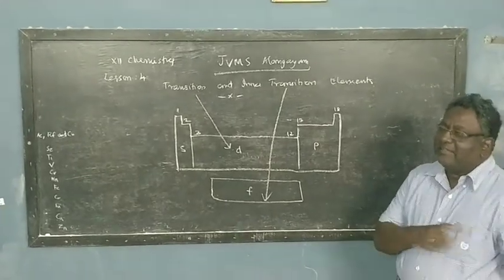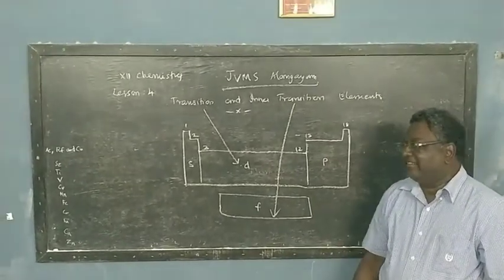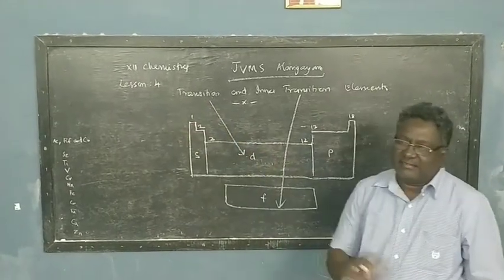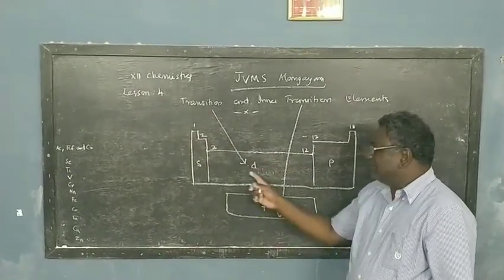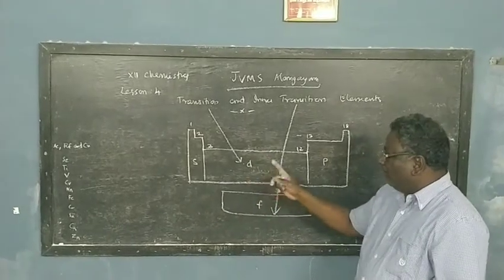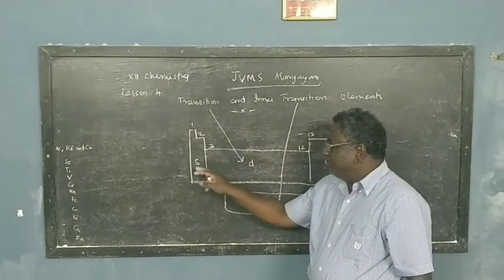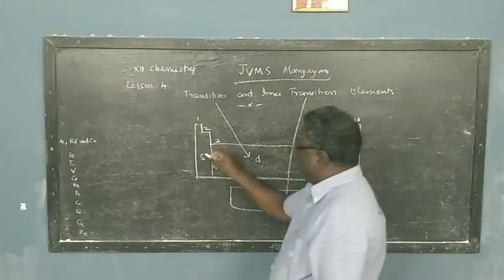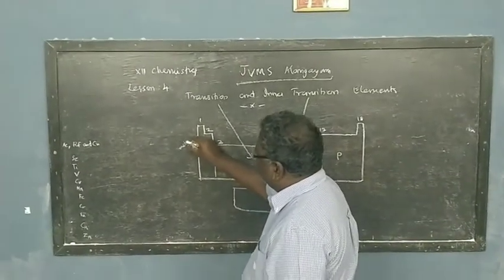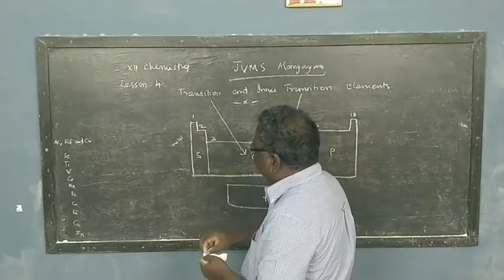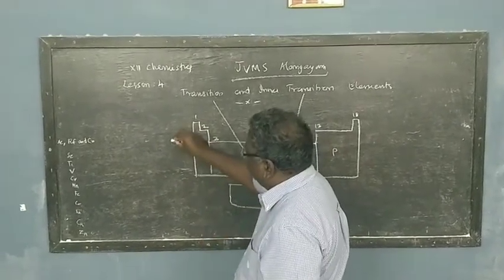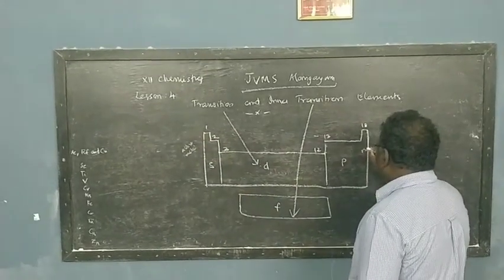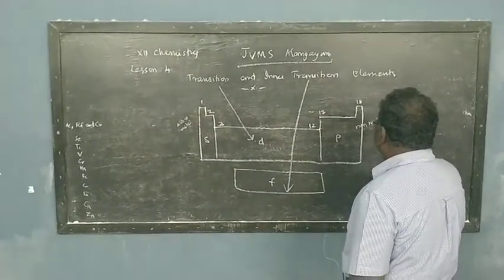So what is meant by transition? The literal meaning of transit is nothing but changeover. The transition elements are placed between the S block and P block. S block elements are very active metals, and the P block ends up with non-metals.